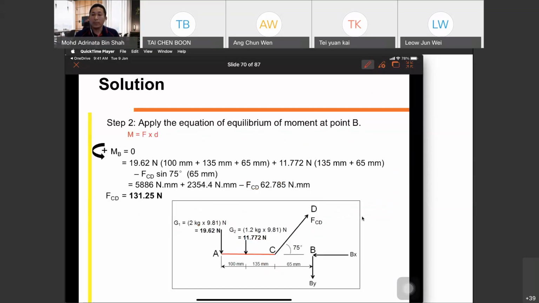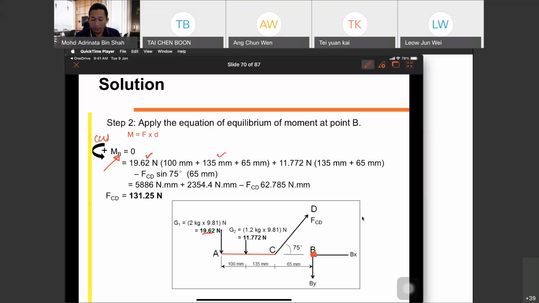So the first equation is moment, positive for counterclockwise, at point B. So at point B we have BX and BY. Counterclockwise positive, we have the first one 19.62 times D. D is 100 plus 135 plus 65 millimeter.